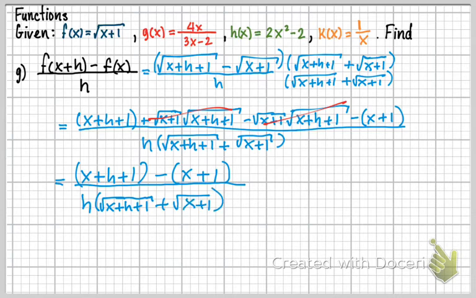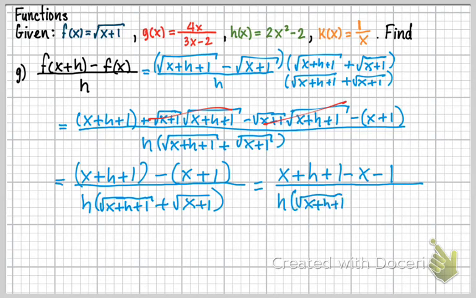So now what we're going to do from here is just clean up the top some more. So I can think of a 1 there, distribute it through, and then put a 1 there, and it's a negative, so I distribute that through. So we're going to get x plus h plus 1 minus x minus 1. So when I distribute that through, that's going to be a negative or minus 1. All over h parenthesis square root of x plus h plus 1 plus square root of x plus 1 on the bottom.